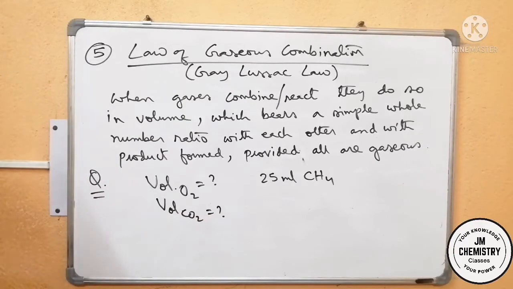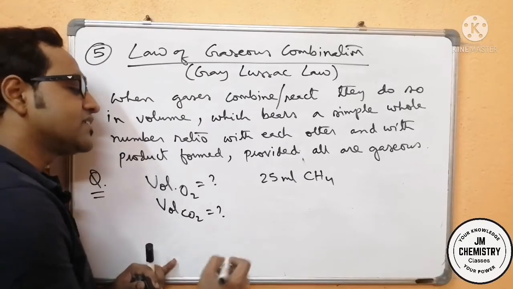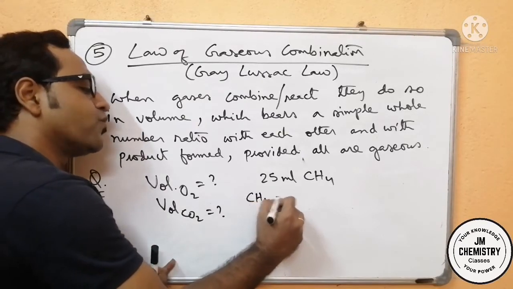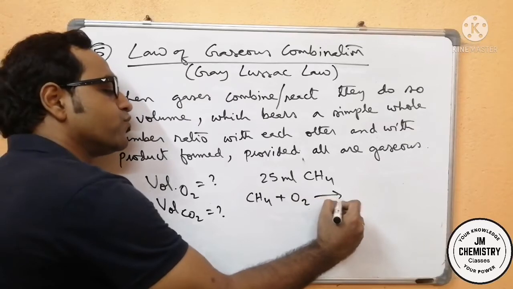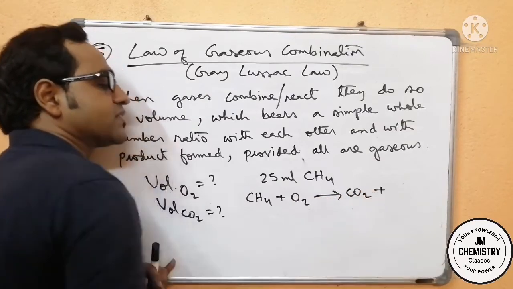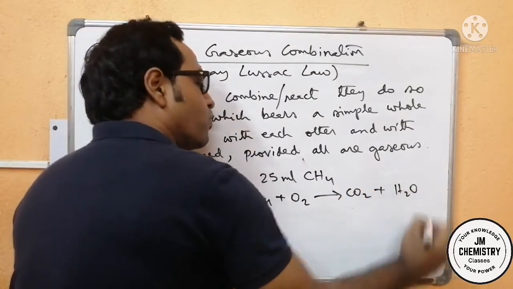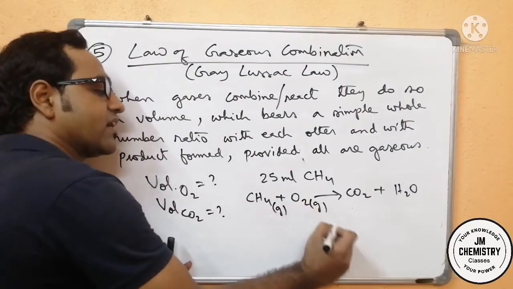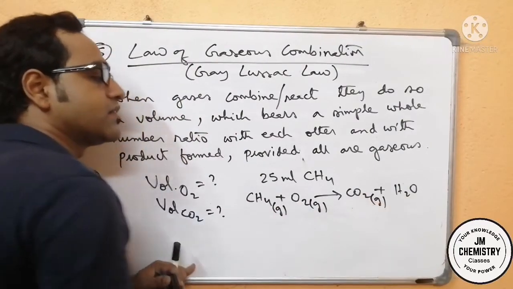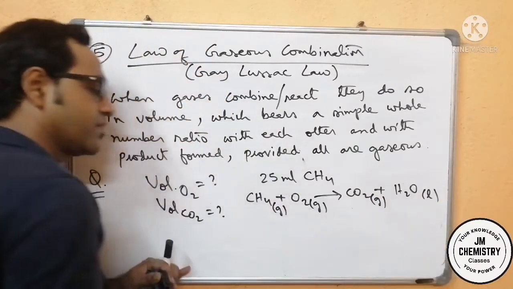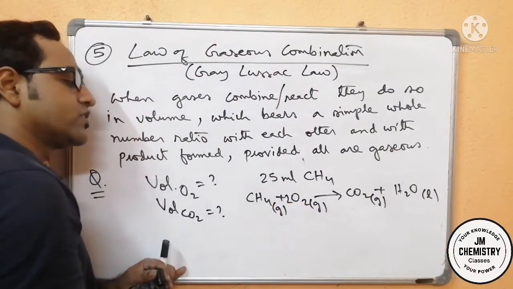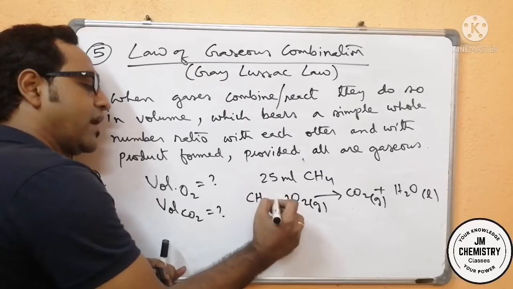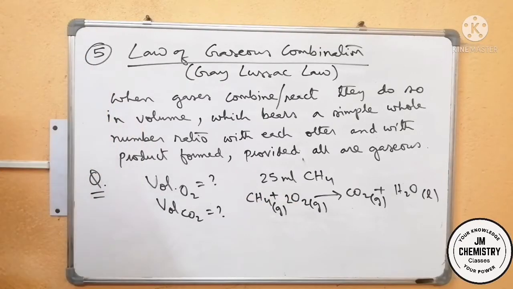So how can we calculate? For this we have to write the balanced chemical equation: CH4 combined with oxygen to form CO2 plus H2O. CH4 gas, oxygen gas, water liquid. We need 2 moles of oxygen to balance the equation.